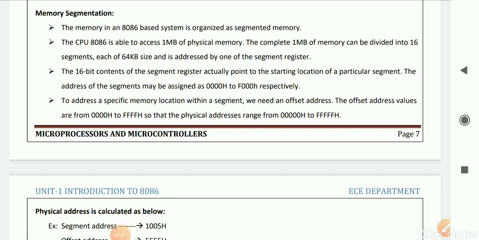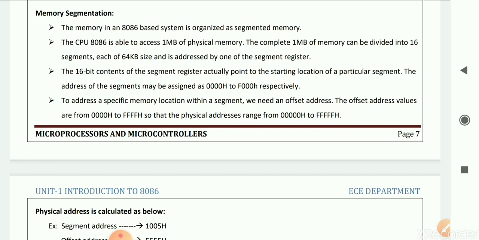Now let's start the memory segmentation in 8086 microprocessor, which is the advanced feature apart from 8085 microprocessor. Memory segmentation is used basically to divide the memory into different segments. In 8086 microprocessor, we know that the address bus is 20 bit.